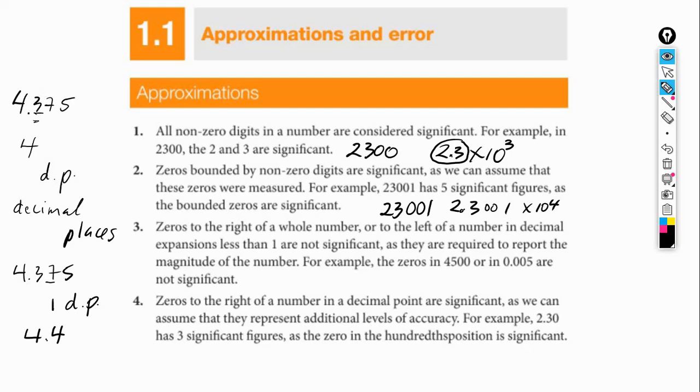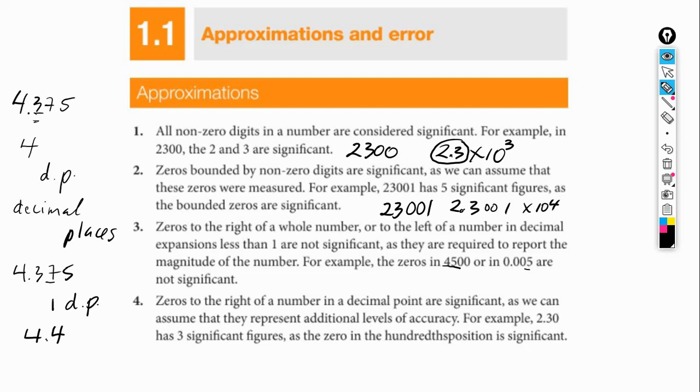So it says now that zeros to the right of a whole number or to the left of a number in decimal expansions less than 1 are not significant. So for instance, the number 4,500 has only two significant figures. And the number 0.005 has only one significant figure, meaning that these zeros are not significant.